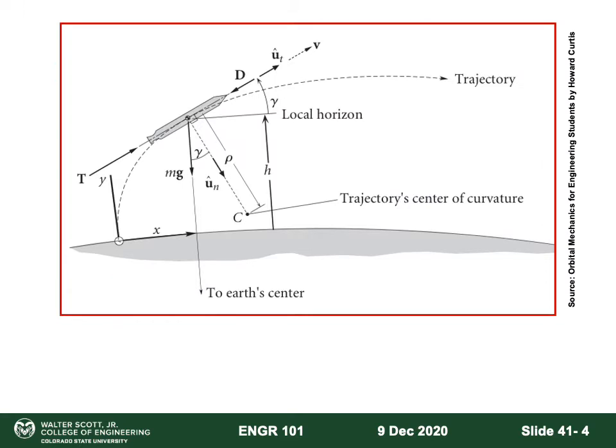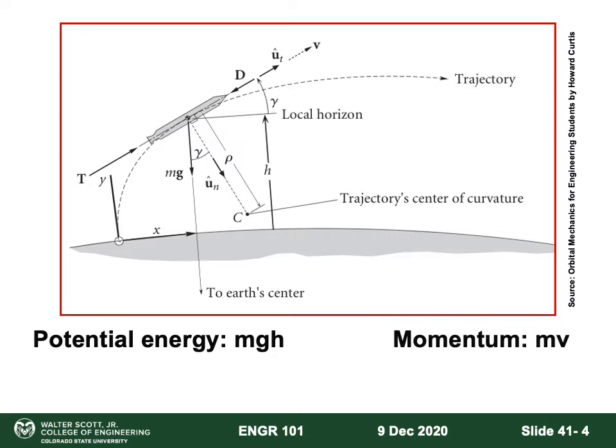And we're going to be looking at diagrams. Here's an example of a diagram that we'll be seeing. And there are a set of equations that are useful to understand as well. One of those has to do with potential energy, mass times change in height times the acceleration of gravity. Another one has to do with momentum, which is mass times velocity.